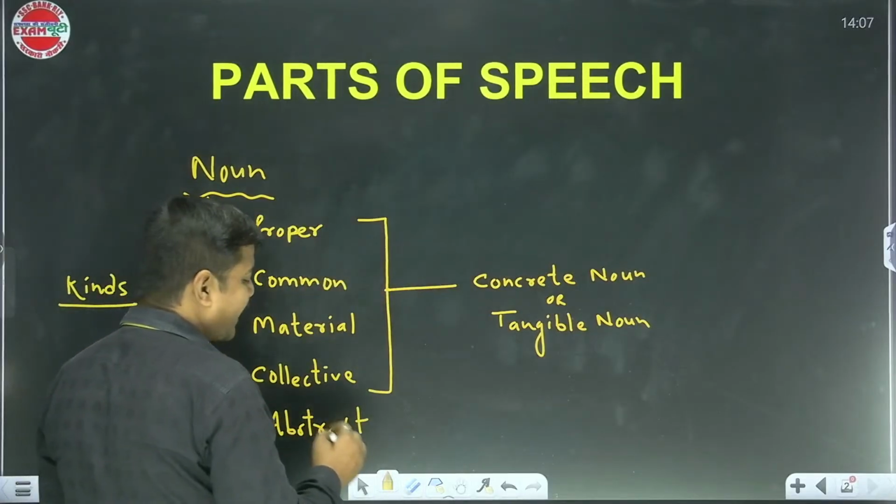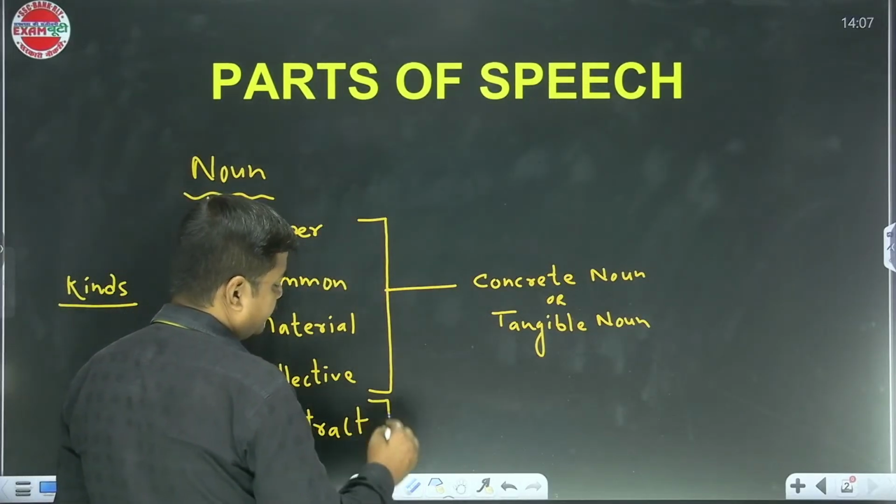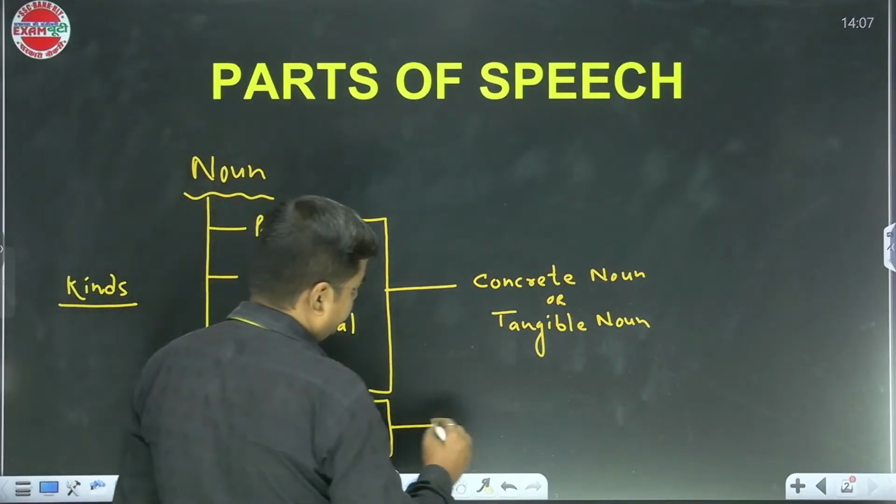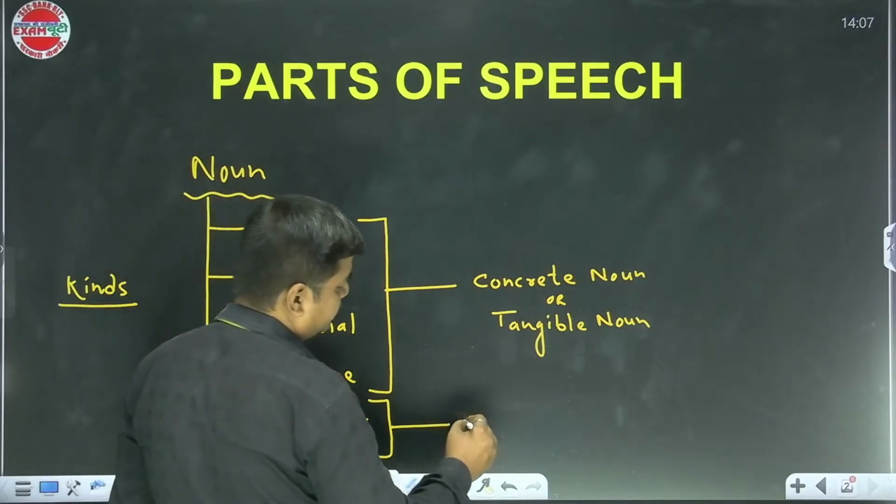And the abstract noun, yes, this one, the fifth one, it is also known as intangible noun.